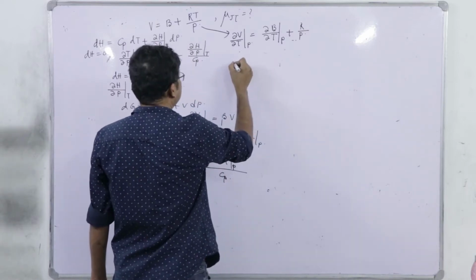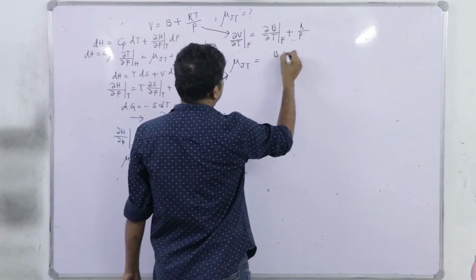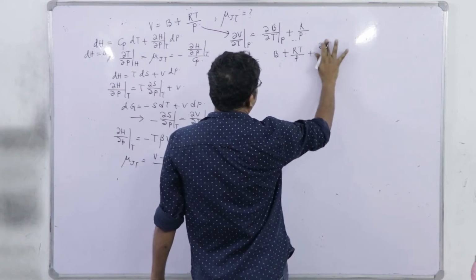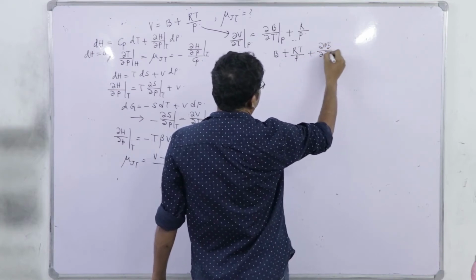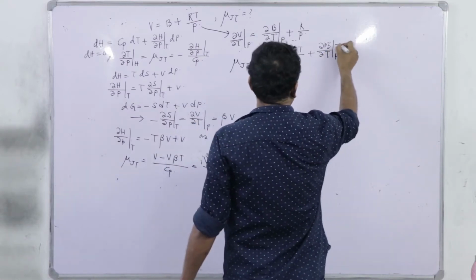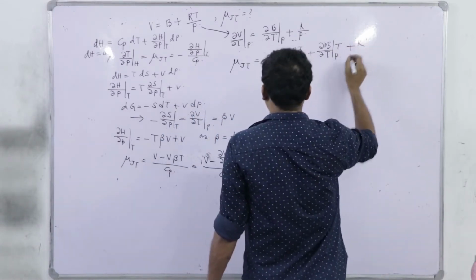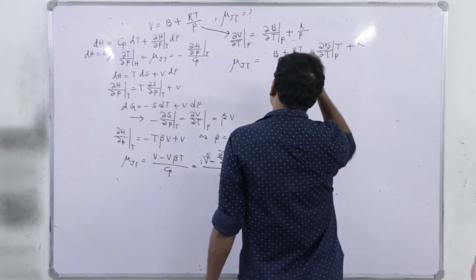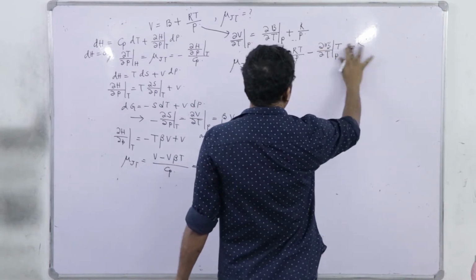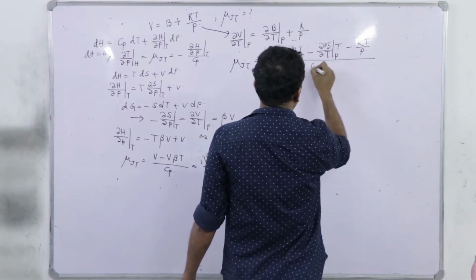So, this mu JT, V is B plus RT by P, plus del B del T at constant P into T, there will be a T, plus this will be minus RT by P divided by Cp.